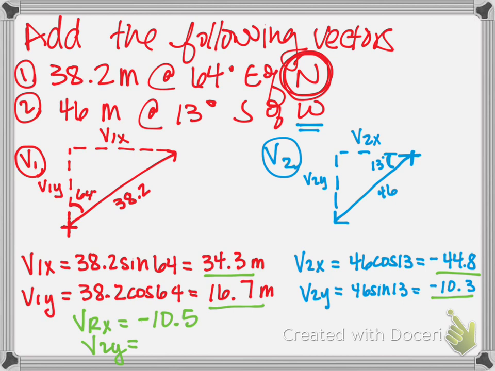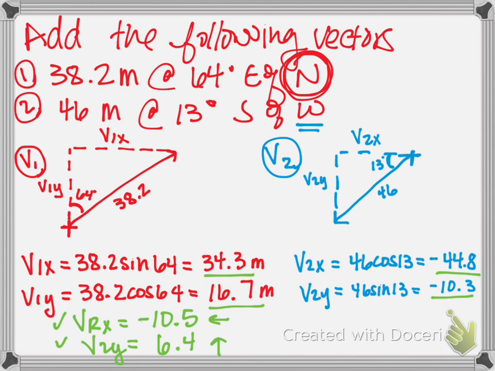Gives me 6.4, positive 6.4. So the negative x component tells me that's going to be going what direction? West, right? I like to draw like a little arrow so I can remember. And then my y component was positive, so it's going to be going upward. Okay, so now I've done step two, add my x's and add my y's.